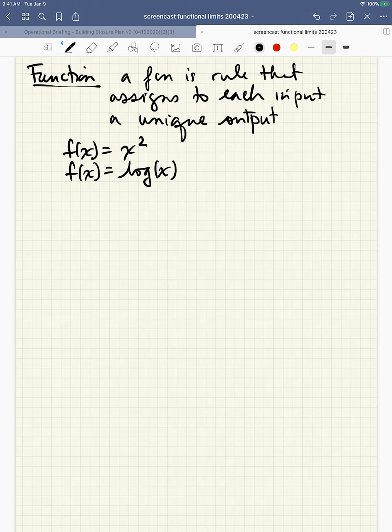But historically, mathematicians made the mistake of assuming all functions were as nice as these. But there can be some really bizarre rules out there that still respect this idea that a function's a rule that takes each input to a unique output. But they don't have to look as nice as these functions do. Okay? And we just have to keep that in mind when we do our work.